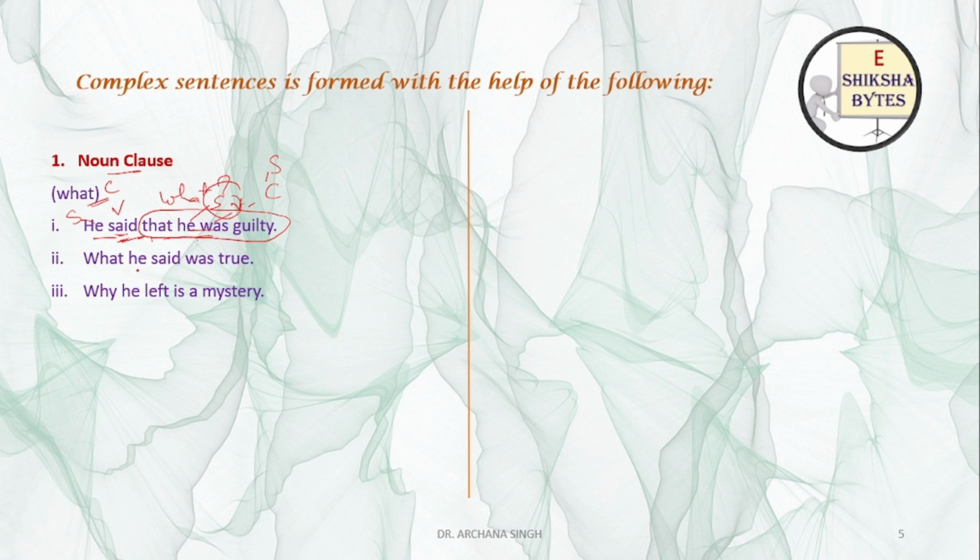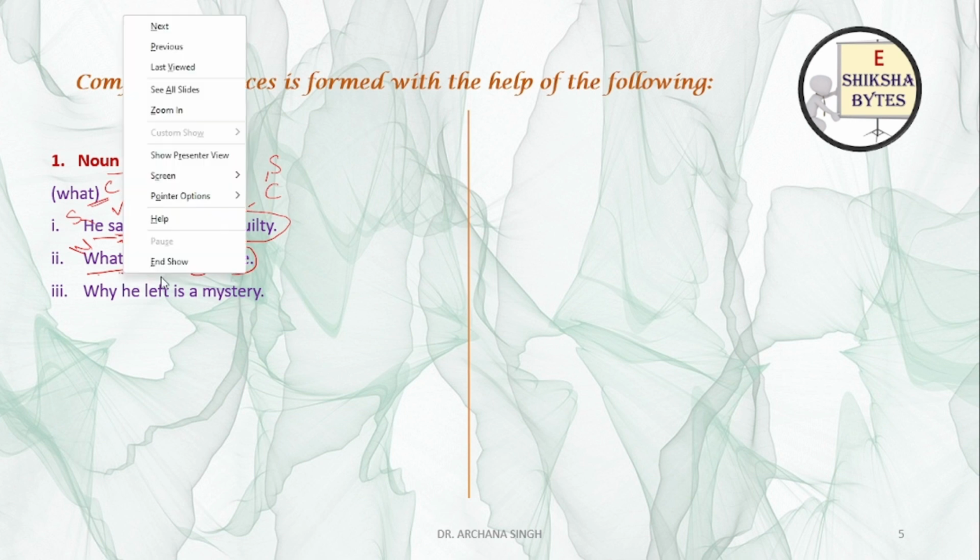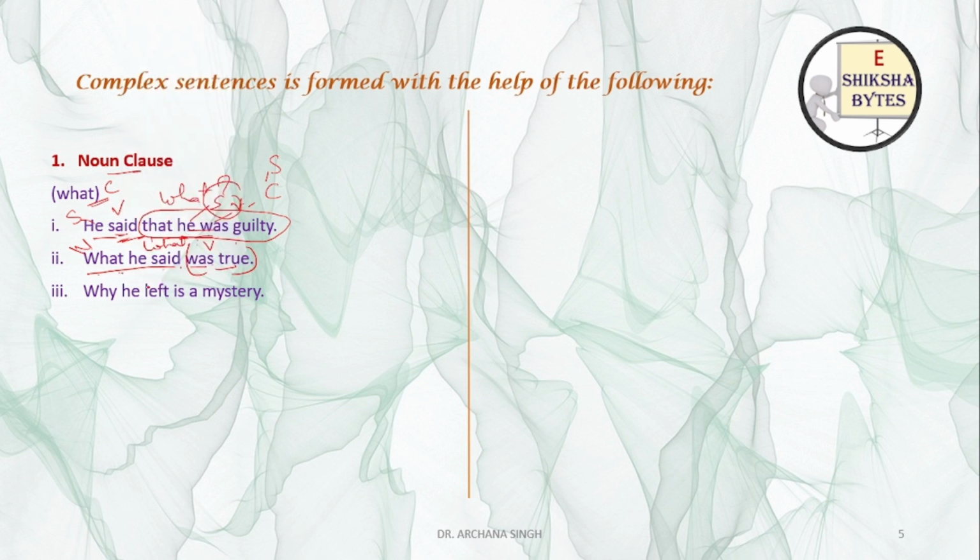Next is: what he said was true. Here also, what is true? If you get the answer of what, this portion becomes your noun clause. What he said. What was true? When you get the answer, what was true? What he said. Again, you need something more, so this becomes your complex sentence.